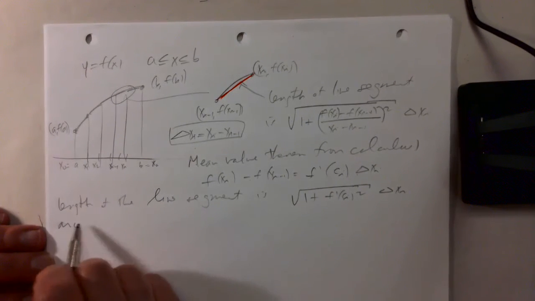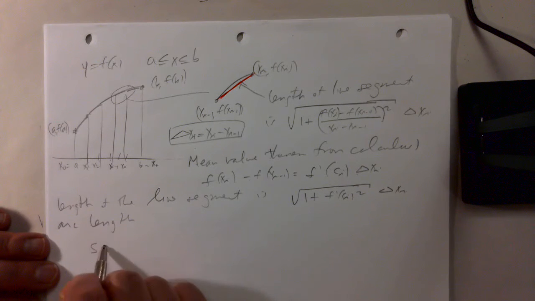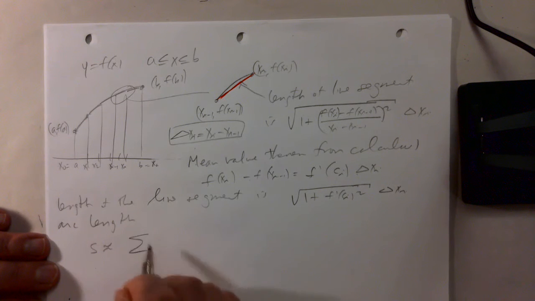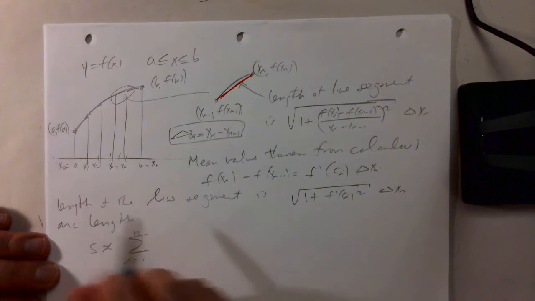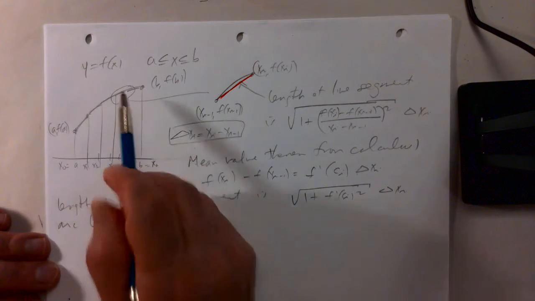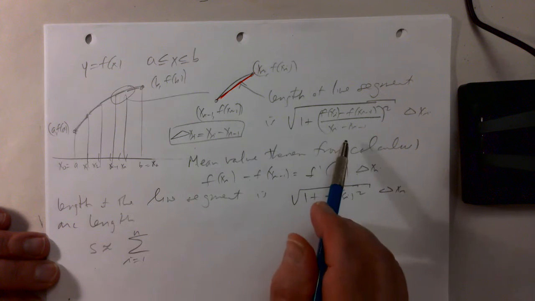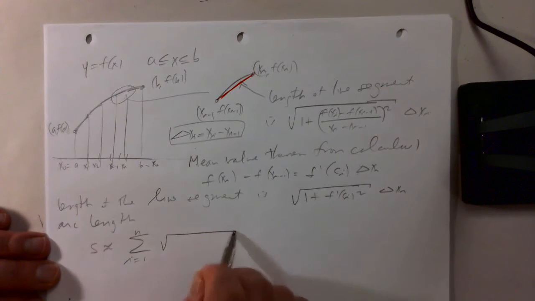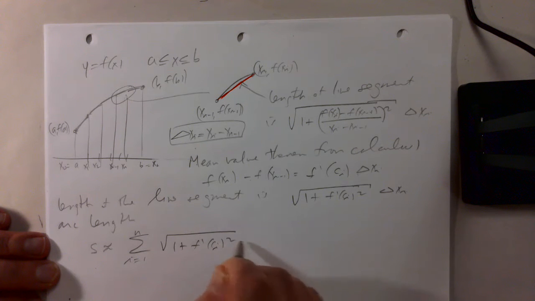So the arc length, the length of the whole curve, I'll call it S, is approximately the sum of these n line segments you get when you divide the arc up into n pieces. And each of those segments is roughly the square root of 1 plus f prime of c sub i squared, times delta xi.